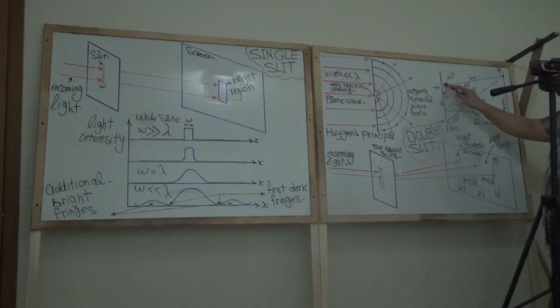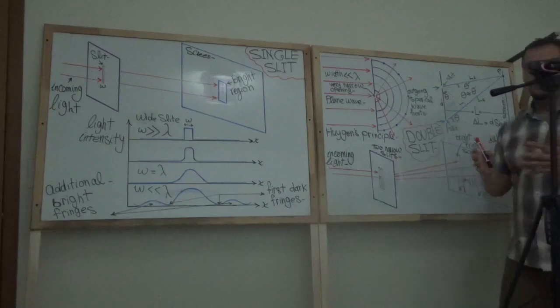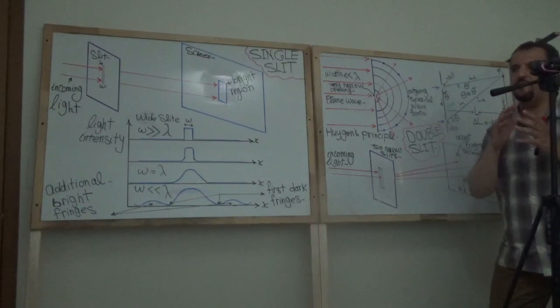But let's choose this one and see what will happen now. We have a contribution from slit number one to this point P, and the distance between slit number one and this point is L1. Another contribution comes from slit number two, and the distance is L2 between slit number two and point P. So we have L1, we have L2, and of course we should have a little bit of difference in phase.